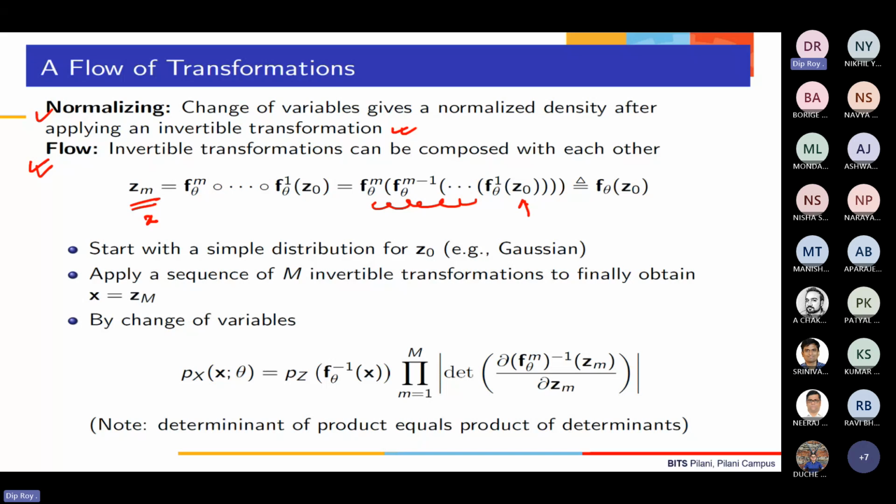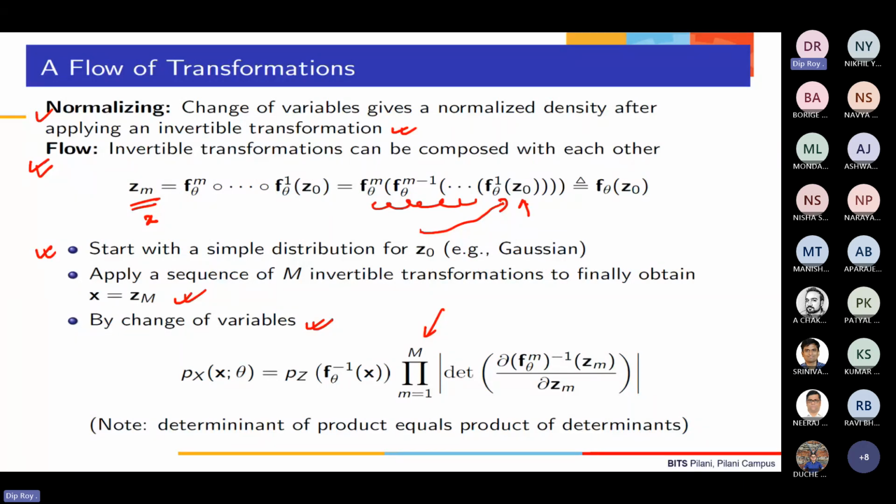And what we do, as I have told you, is we start with a simple distribution z0. It is Gaussian, and apply a sequence of m invertible transformations to finally obtain x equal to z of m. And by the change of variable formula, the only difference now is this product term, because there are multiple layers.